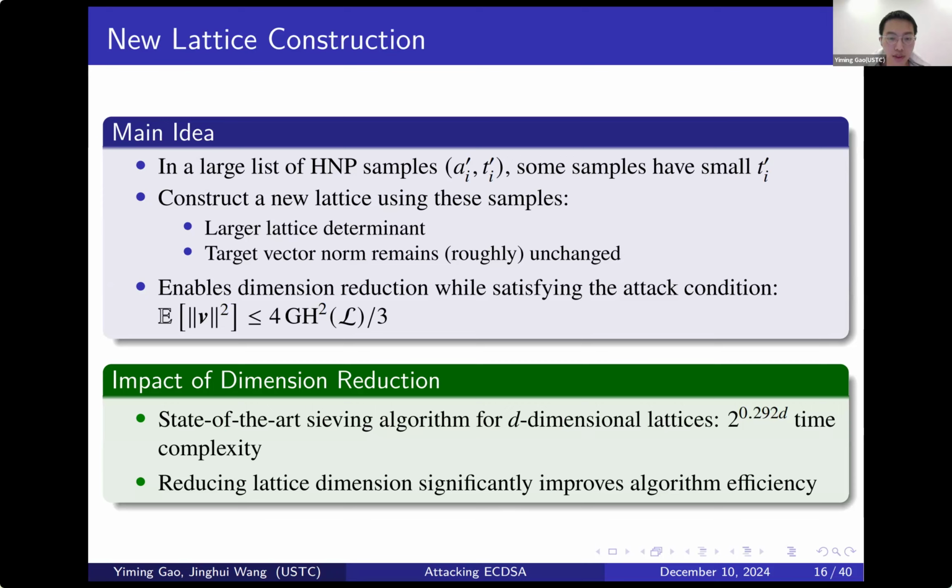This enables dimension reduction while satisfying the attack condition. Since the state-of-the-art sieving algorithm has exponential complexity 2 to the 0.929 times d, reducing lattice dimension significantly improves the algorithm efficiency and enables us to solve harder instances.